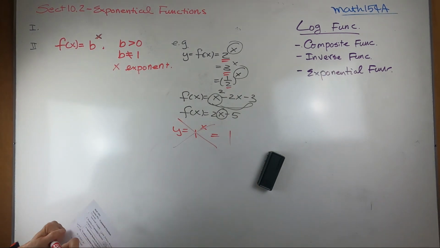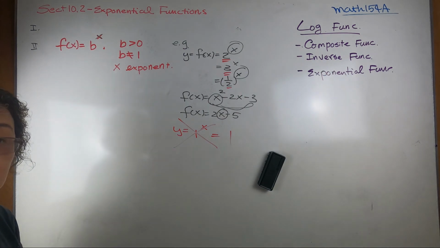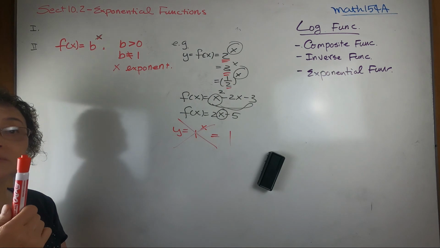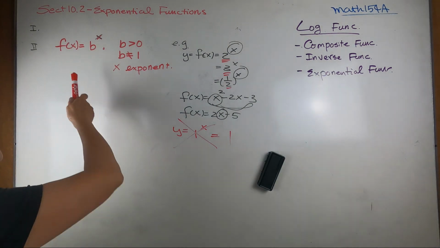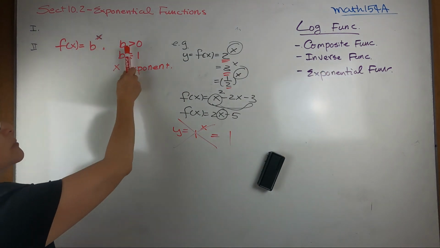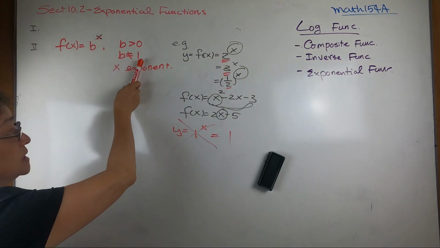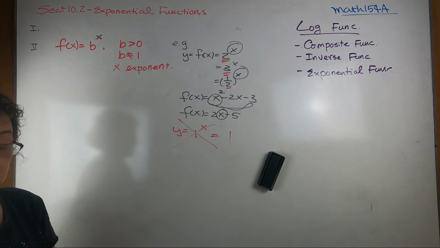So if we ask you what an exponential function is, how would you answer? You would say it looks like this: f of x equals b to the x power, b is bigger than 0, b is not equal to 1, and x is your exponent.